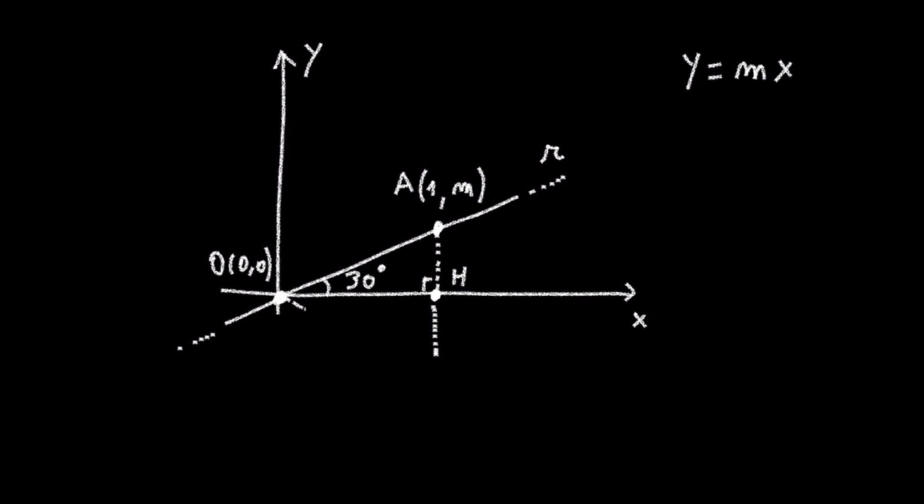You can imagine also this part here. If you remember, for an equilateral triangle, this is 60, this is 60, and this is 60. So this is 30.